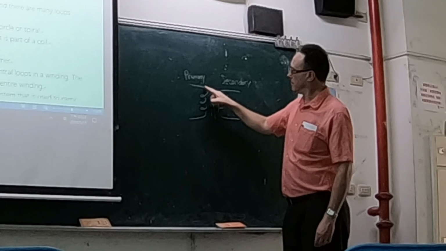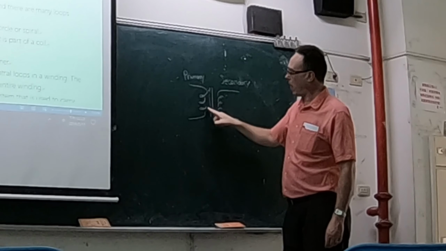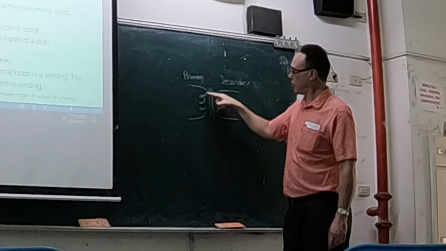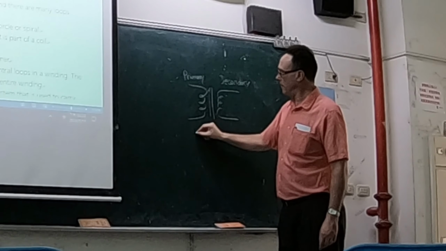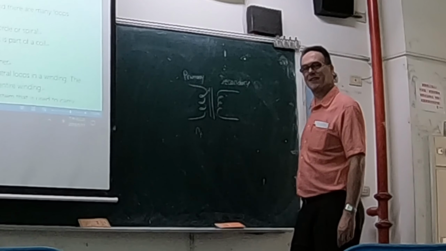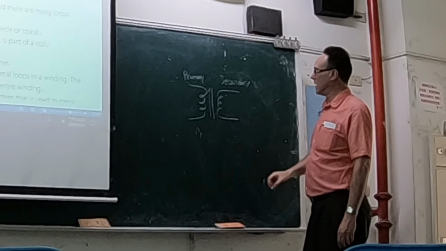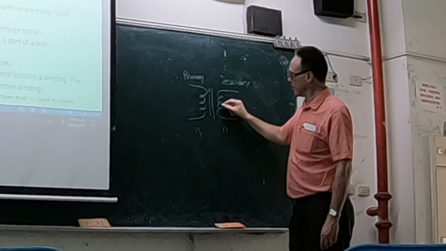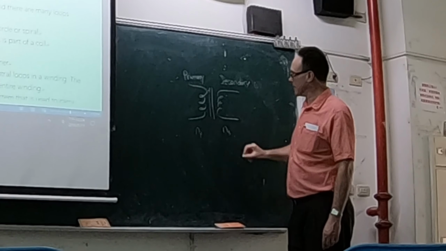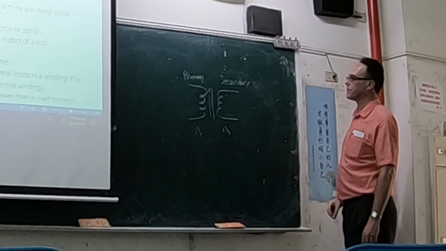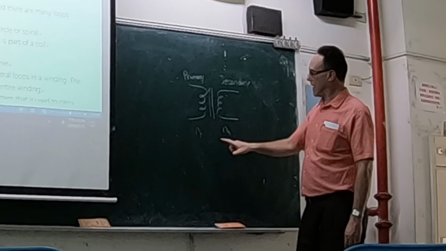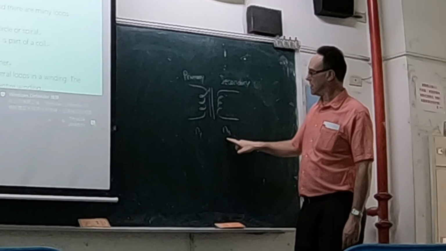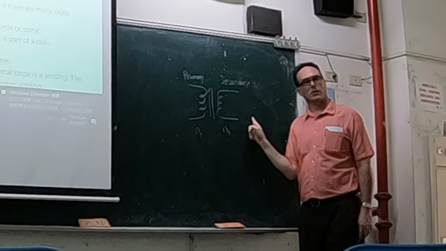So I have some number of windings, a certain number of loops in this coil, and we call that some n number. And then on the secondary, I have some other number of loops. I'll call that n sub s. So the ratio of n sub p and n sub s determines the output voltage.